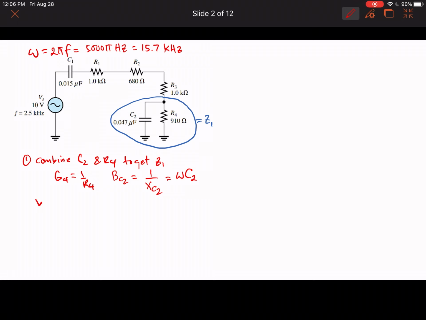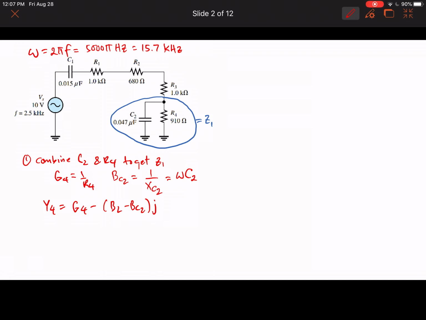So now we can solve for Y4, which is equal to G4 minus BL minus BC2 j hat.